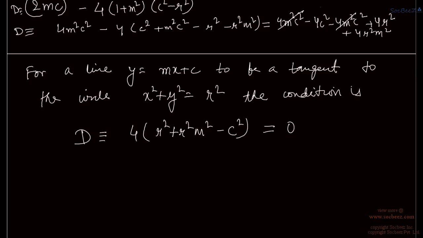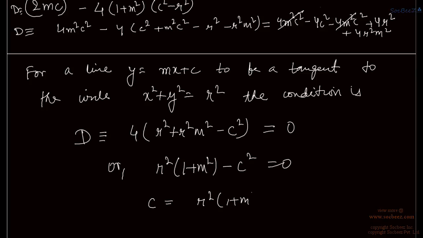So this must be equal to 0 for the condition y is equal to mx plus c to be a tangent to the circle x square plus y square is equal to r square. Or we have r square (1 plus m square) minus c square is equal to 0, or c must be equal to the square root of r square (1 plus m square). Okay, or you can write it as plus minus r root of (1 plus m square).